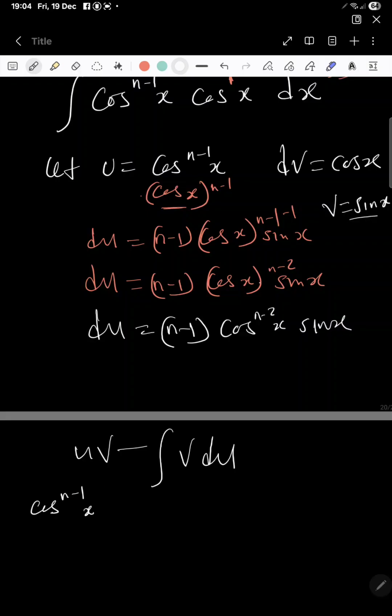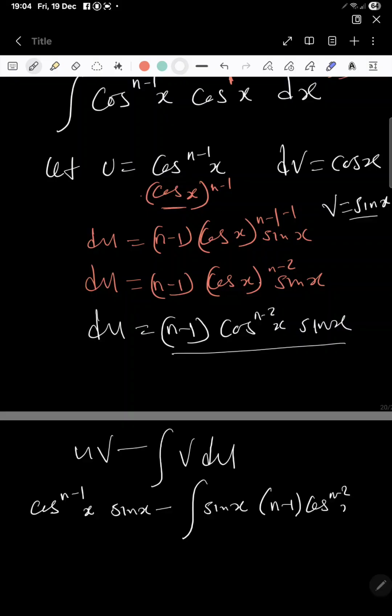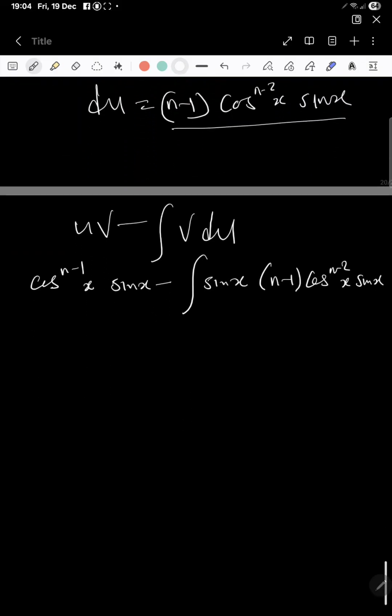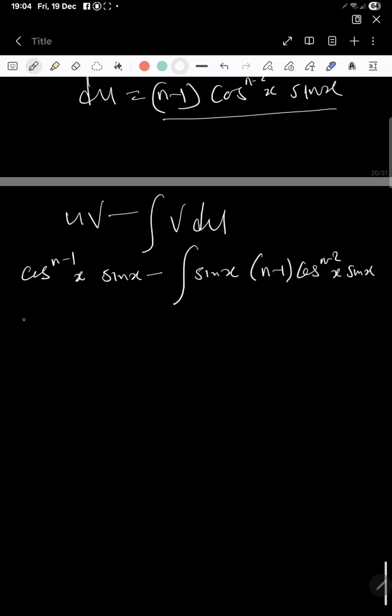Our v is sine x, minus the integral of v, which is the same sine x, times du, which is n minus 1 cos to the power n minus 2 of x sine x.